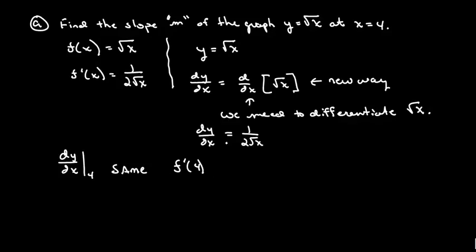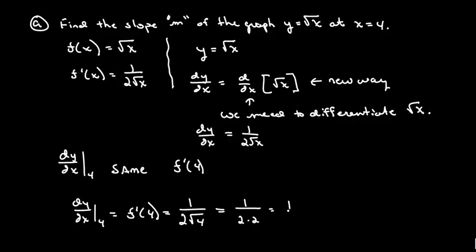Well, we know that dy dx at 4 is equal to f prime at 4, which is 1 over 2 times the square root of 4, which is 1 over 2 times 2, which is 1/4. So what is this?